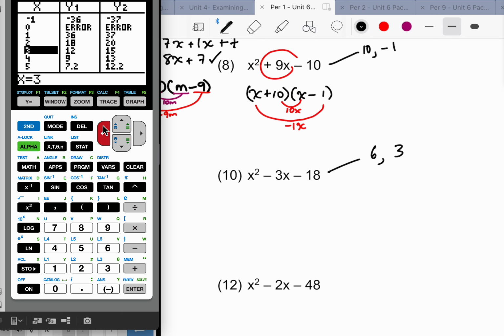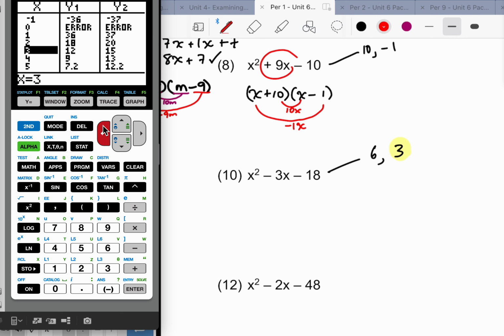Well, I want them to be negative. So maybe I start with a positive 3 as my baseline. If I increase and decrease by 6, I get to a 9, I get to a negative 3. So it's a plus minus situation.